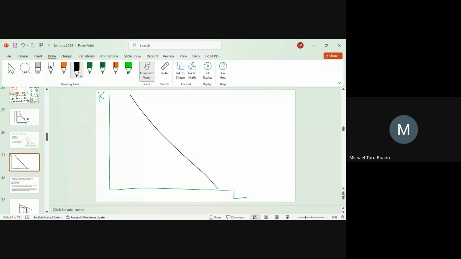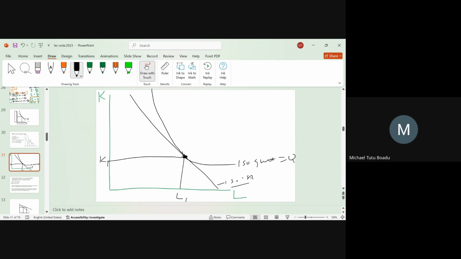This is your iso-cost, and this is your iso-quant. Where the iso-cost and the iso-quant intersect determines the amount of capital and amount of labor you hire at equilibrium.